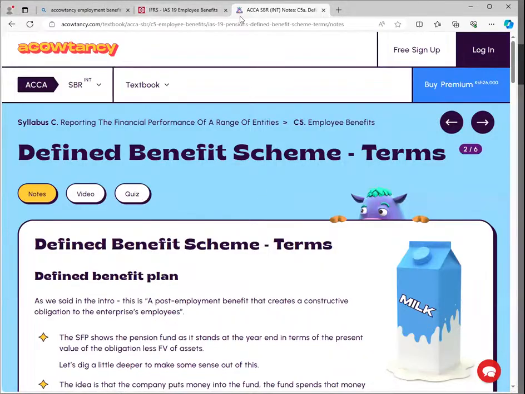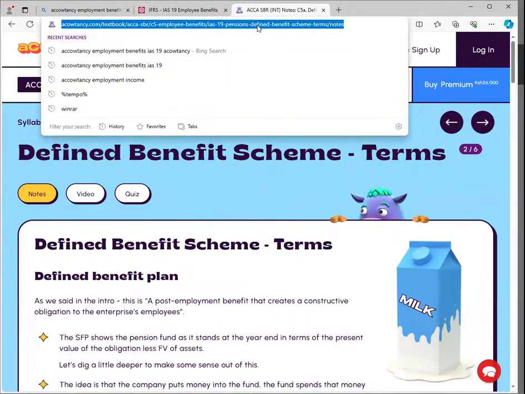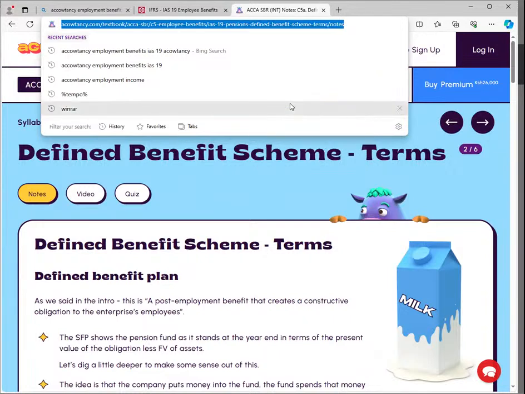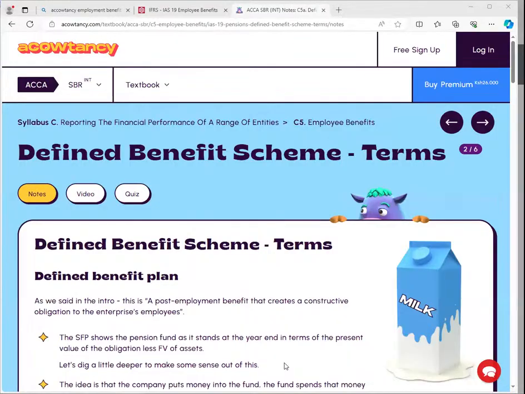So IAS 19, I will put this link somewhere there. It's a very important link. Doesn't look very organized. I'm not getting one that is very organized, but I like using this for IAS 19. Paste there. I hope somebody will be able to take that link. It can really help you guys. Very good in terms of simplifying IAS 19.